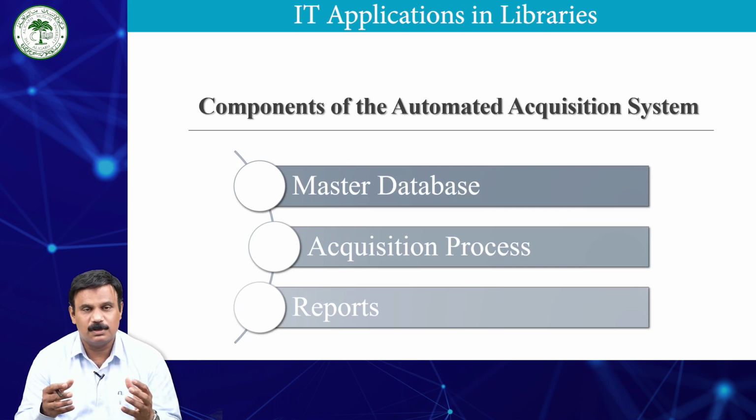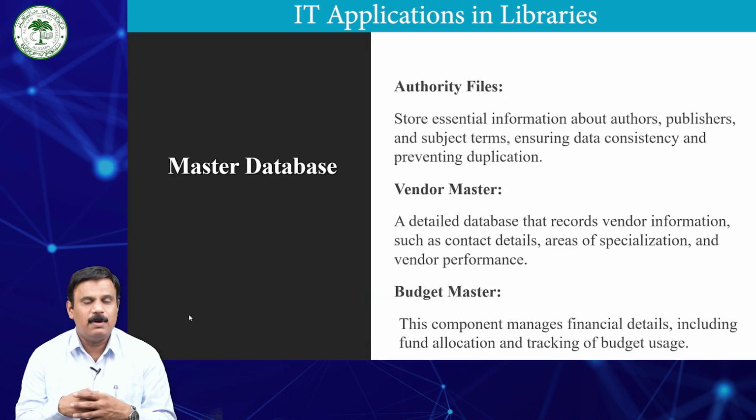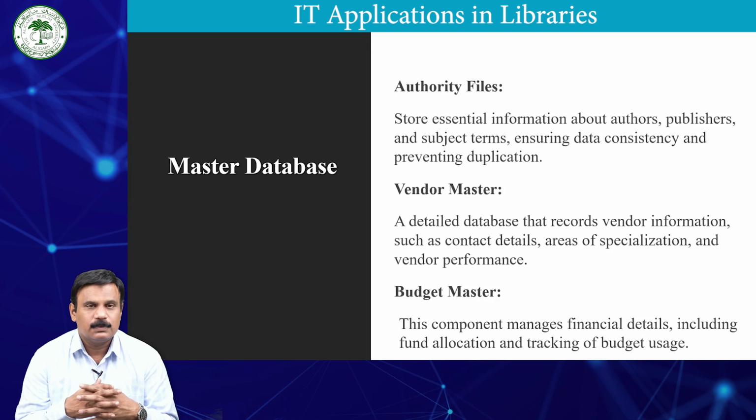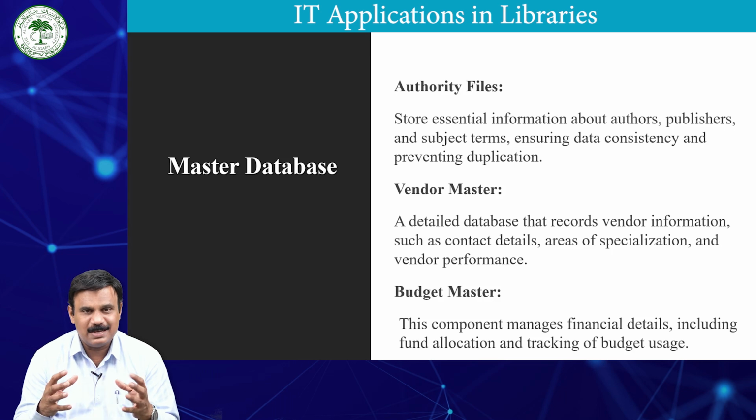Let us go through the master databases. In the master database, you will find different files. The first file we can say is the authority file, which stores essential information about authors, publishers, and subject terms, ensuring data consistency and preventing duplication.